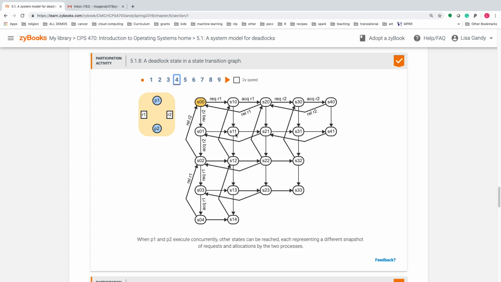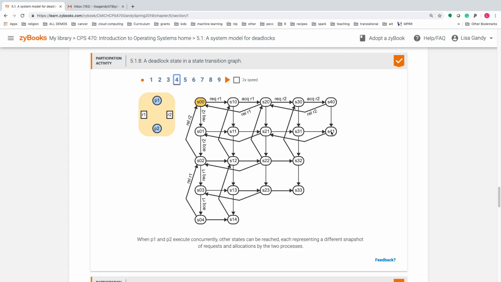Yes or no? No, it isn't, right? Because if there's a way out of the state in our graph, then the answer is no. So this is called a safe state. Is this a deadlock state? No, it is not a deadlock state.